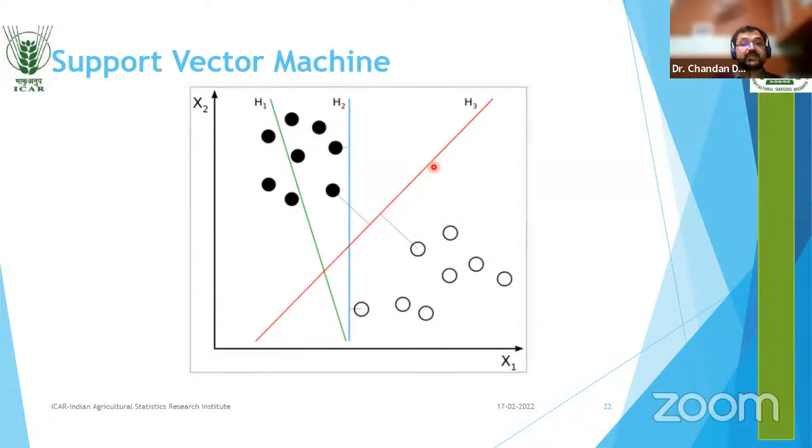So this H3 hyperplane, here the line is the hyperplane because our dimension is two, and the line is separating our data. So this is the most efficient classifier here.